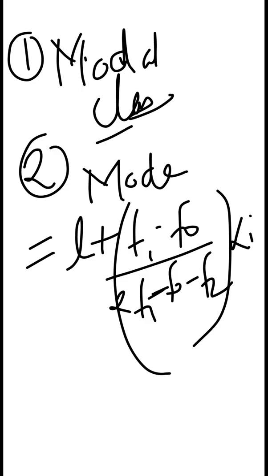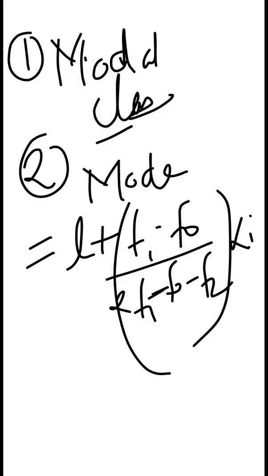Now let's see what these particular symbols stand for, like we have done for median. In median, what you needed was the cumulative frequency. Here you don't need the cumulative frequency, so it will be very easy to calculate compared to the median.